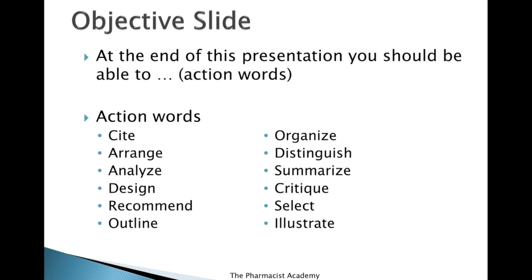And I can include a link in the description for you to a website that's going to give you all these action words. So for example, at the end of this presentation, you should be able to design a care plan for a patient with diabetes. You should be able to outline the pathophysiology. It must begin with an action word.